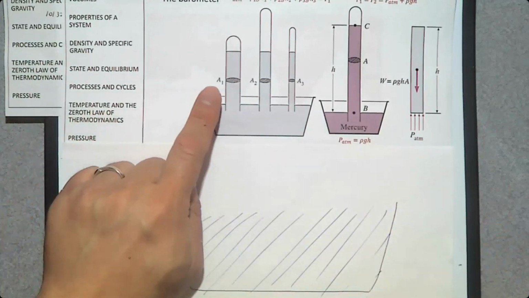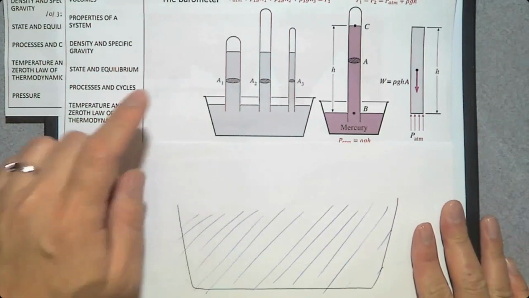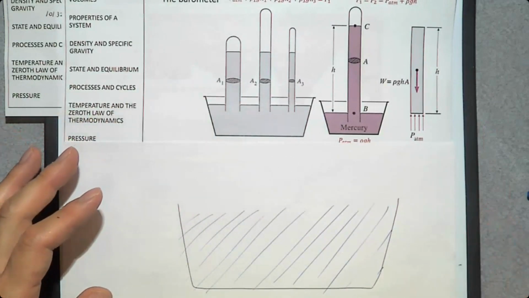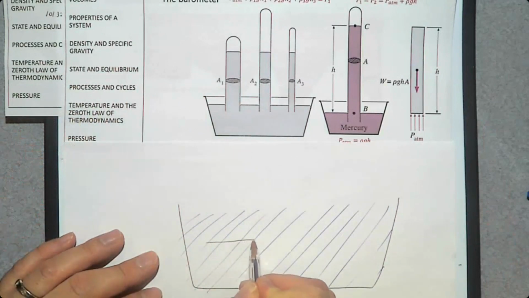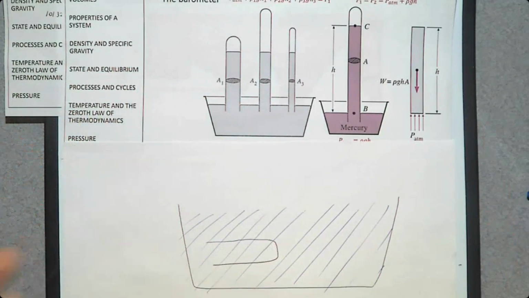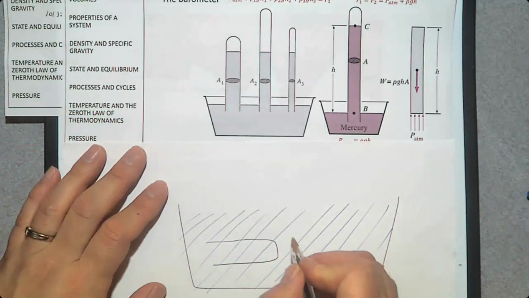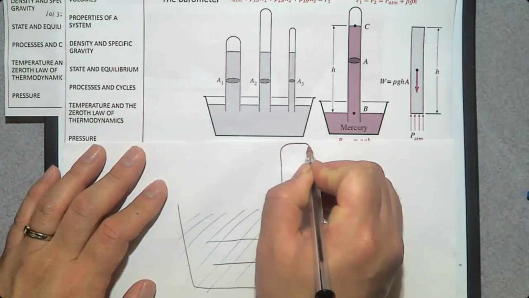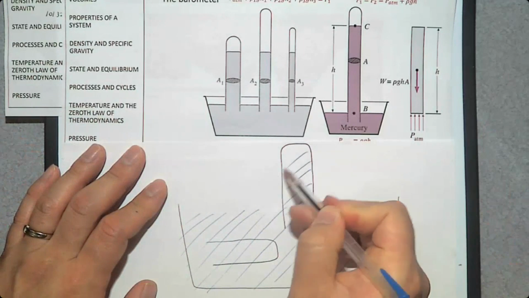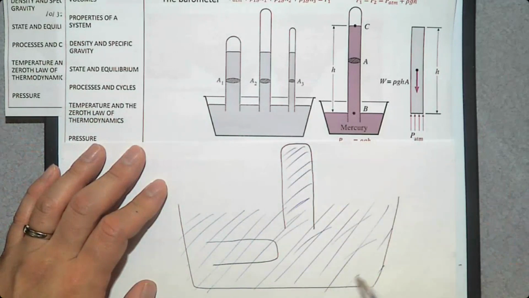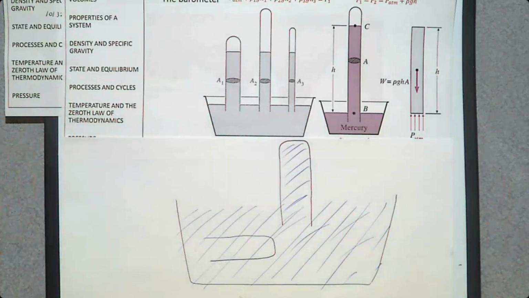Now you prepare this tube and position it at the beginning like this, so you can completely fill the tube with water. Then you rotate it this way. Initially, everywhere in the tube is filled with water. Then let's see what's going to happen.